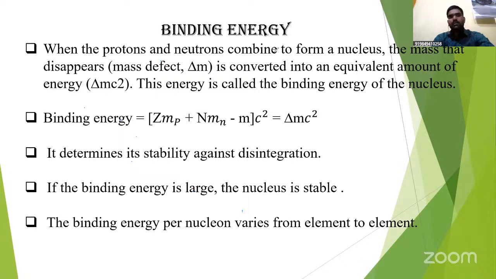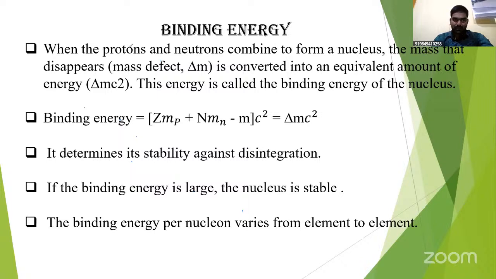The mass that disappears, the mass defect, is converted into an equal amount of energy. This energy is called the binding energy of the nucleus.